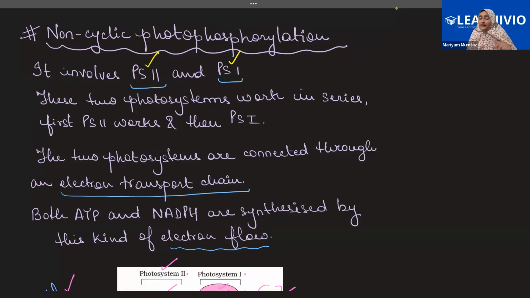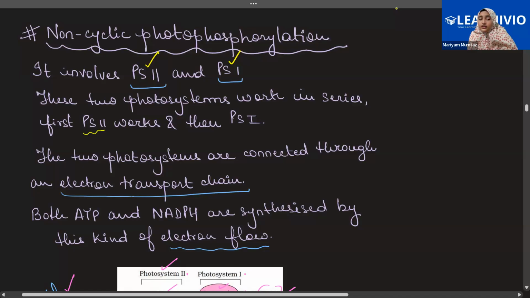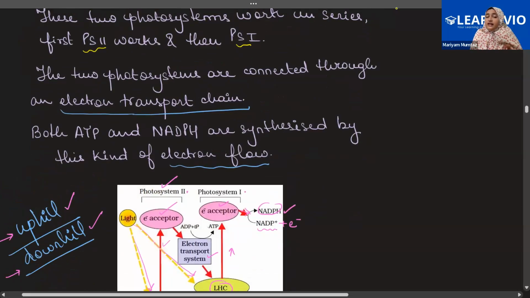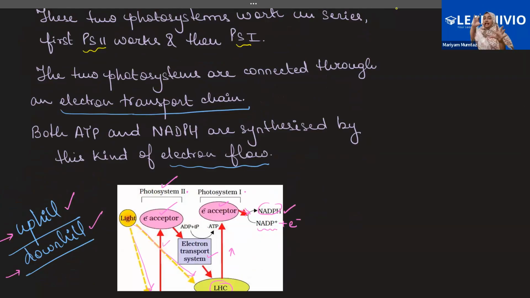First PS2 will work and then PS1 will work. These two photosystems work in series. They are connected through an electron transport chain, meaning PS2 is connected to PS1 by a bridge in between them, and that is the electron transport chain.